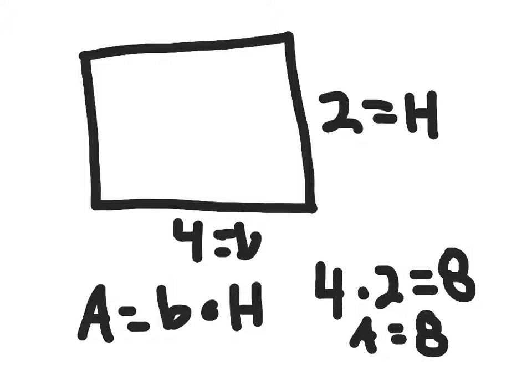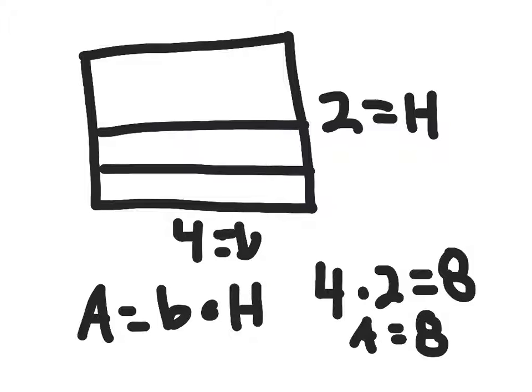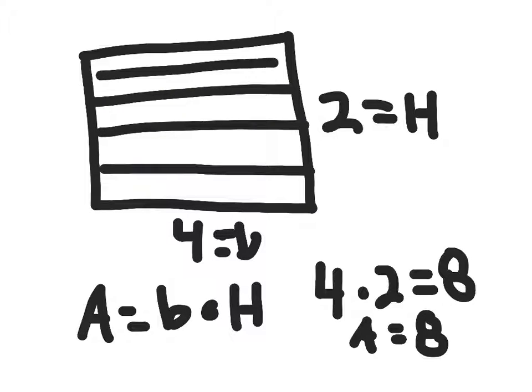Now to understand why this is, you can draw the little squares in there to understand. So it's 4 across, so that means we got 1, 2, 3. So now we have 4 rows.